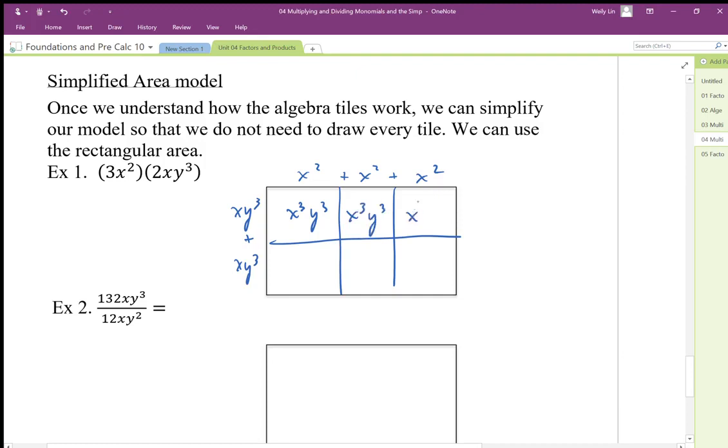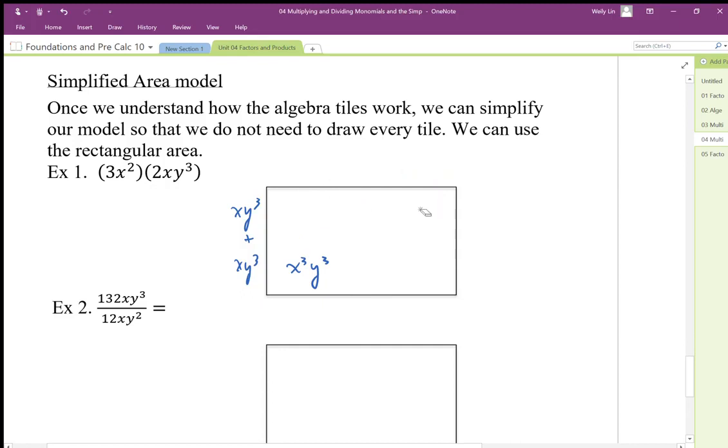So we can simplify this a little bit and show each individual piece like this. We can see that the 6 boxes here represent the numbers times numbers, 3 times 2. But we want to start being a bit more efficient with what we're doing. So we can use our simplified area model.